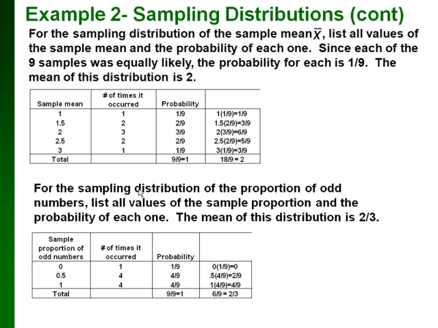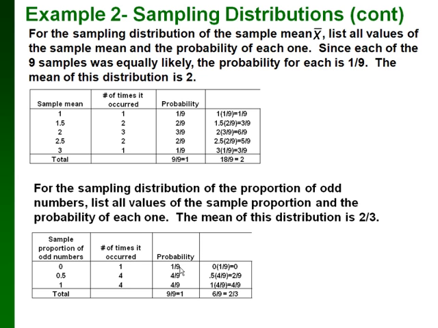Now if we look at the sampling distribution for the proportion of odd numbers, we're going to do the same thing. So here we have all the possible values of our sample proportion. So this is our random variable in this column. The number of times that each one occurred, so the frequency of each one of those values.